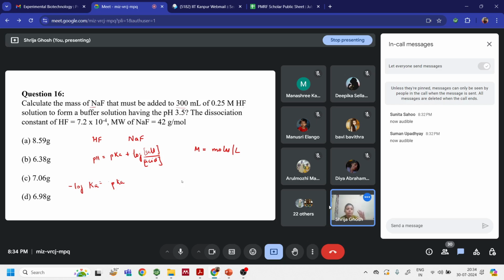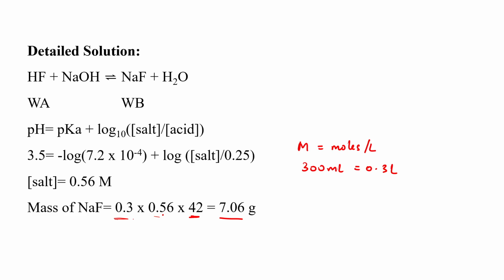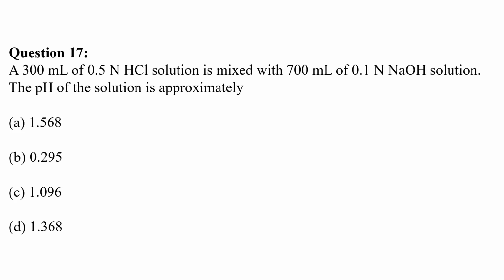So if you multiply moles with the molecular weight, you will get the mass of the compound. Okay. So if you just know the meaning of the unit itself, you can easily solve these kind of molarity based questions. Okay. Any doubt in this question? If there is no doubt, we will move to the next question.